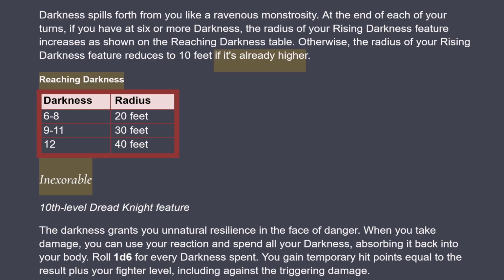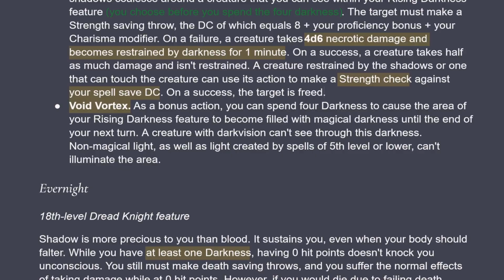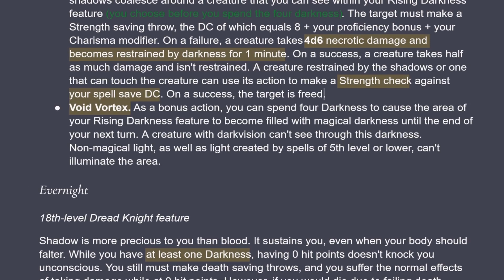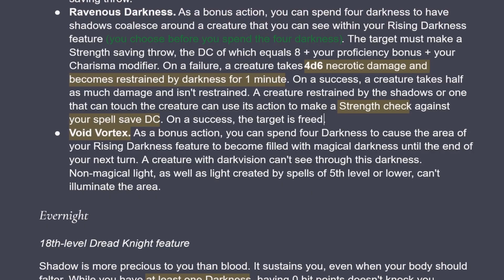So we're losing 10 feet on it just to cast it, I guess, and then hopefully making attacks to regain it. But that area of your Rising Darkness feature changes from being just dim light to now being magical darkness. So magical darkness means that your warlocks with Devil's Sight will be able to see through it. You'll be able to see through it thanks to your level 7 boon, which I already talked about earlier.